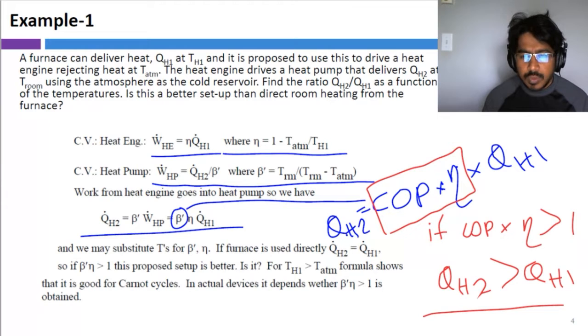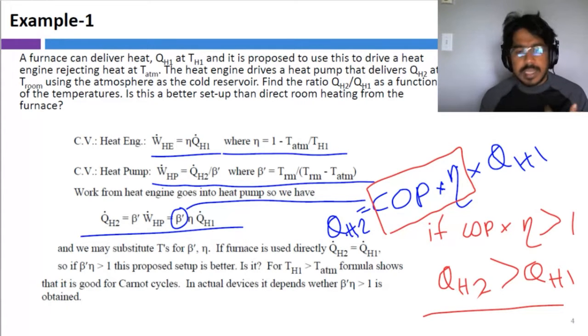So QH2 is greater than QH1. So if we were to assess these two approaches, would you pick the setup proposed in the question, or would you rather heat your house using the furnace straight away? We'll use the setup, right? Because it produces more heat than we input.